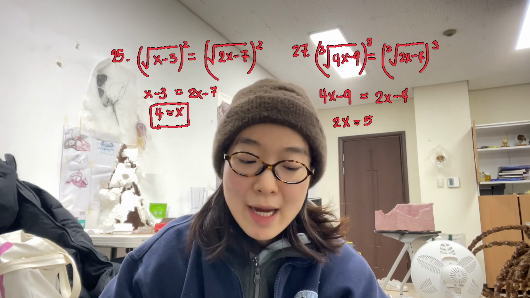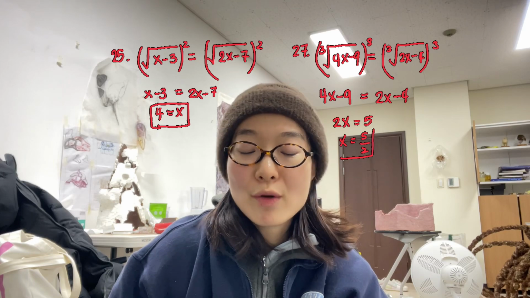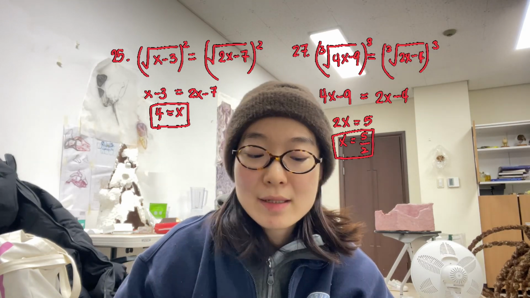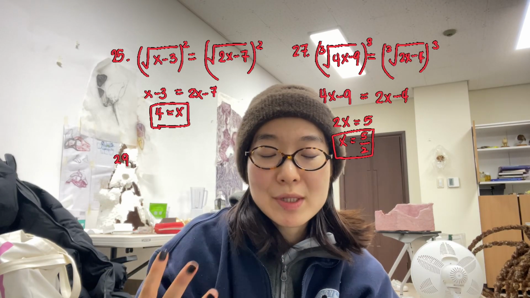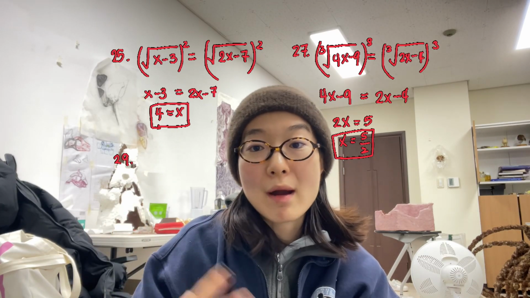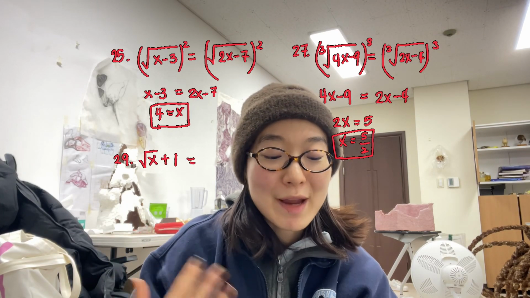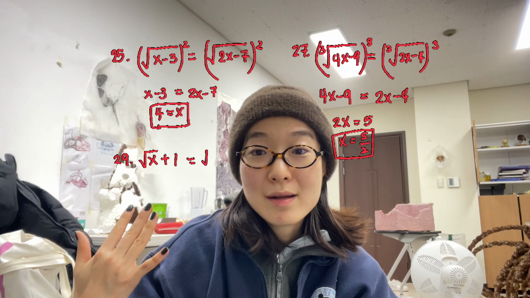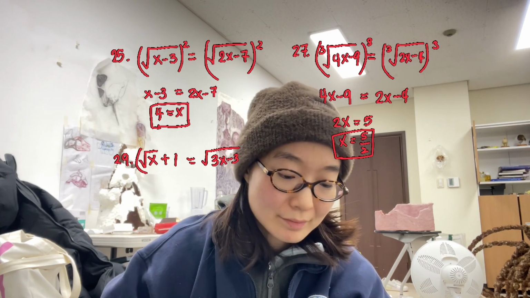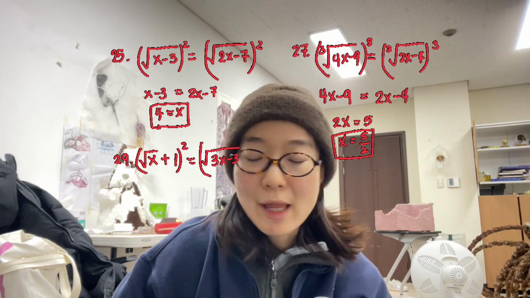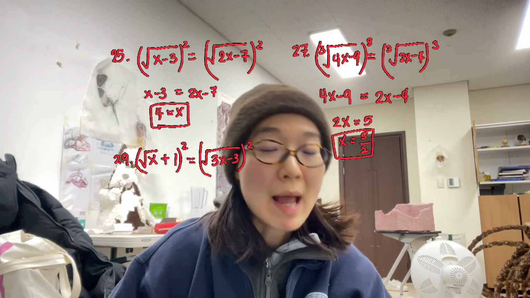And number 29, we have square root of x plus 1 equals square root of 3x minus 3. Now, since they are equal to each other, I'm going to go ahead and square everything, which means I'm going to have square root of x plus 1 squared equals 3x minus 3, which gives us x plus 2 square root of x plus 1 equals 3x minus 3.